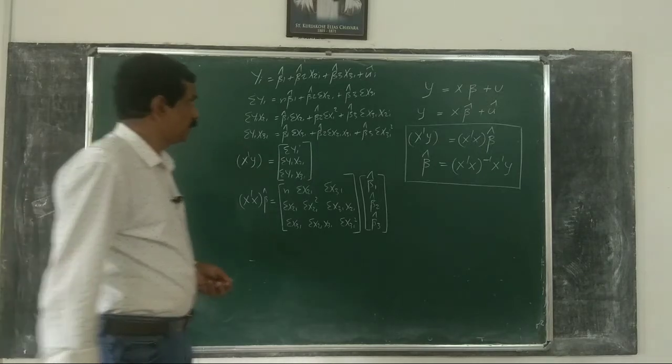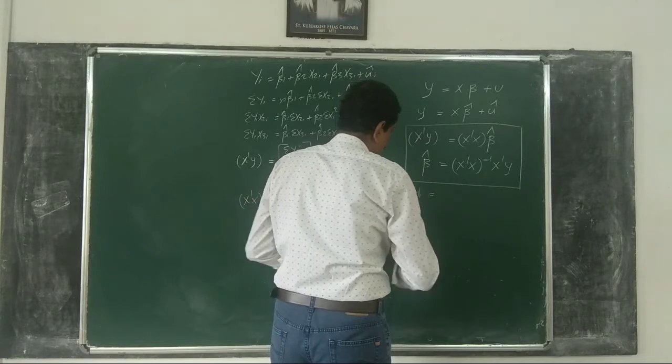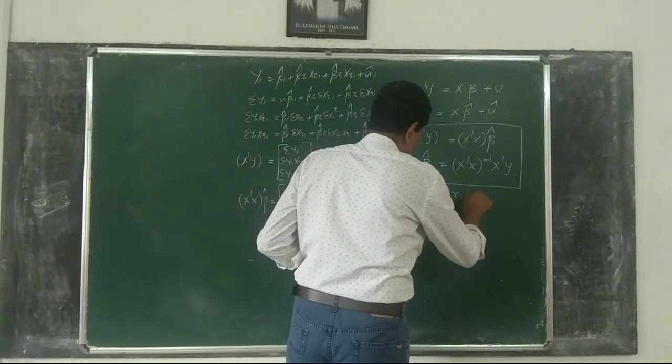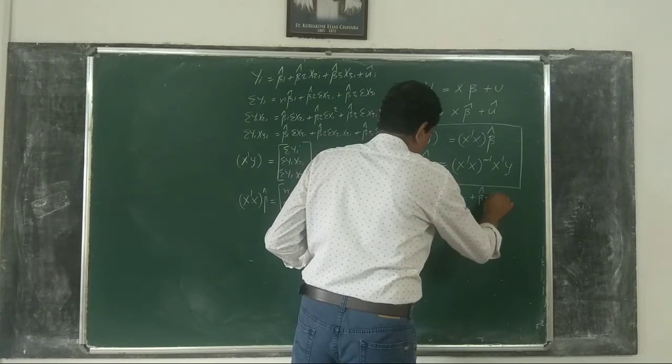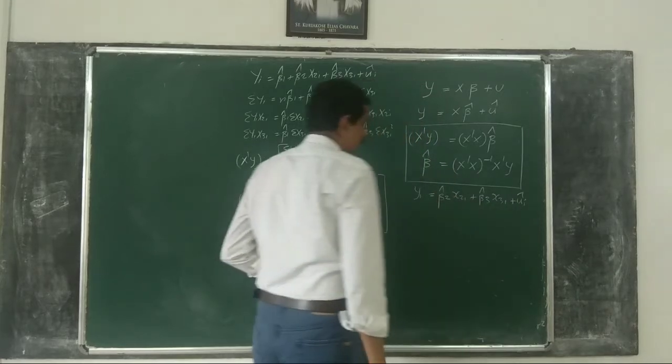Now in deviation form, yi is equal to beta 2 hat x2i plus beta 3 hat x3i plus u hat i.